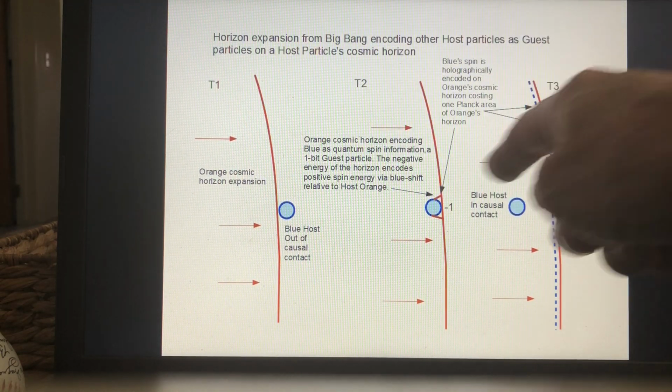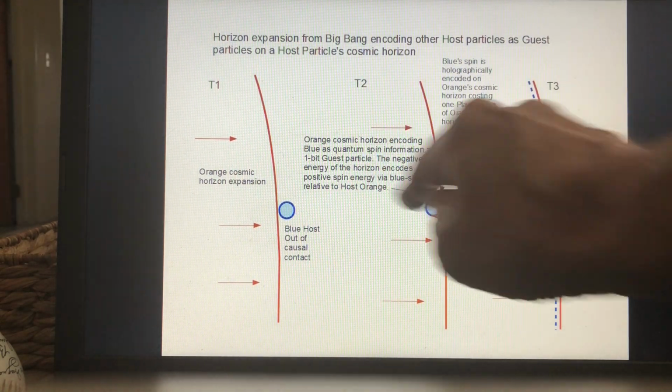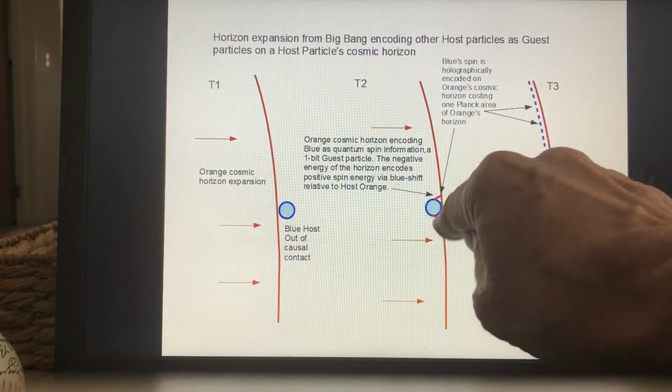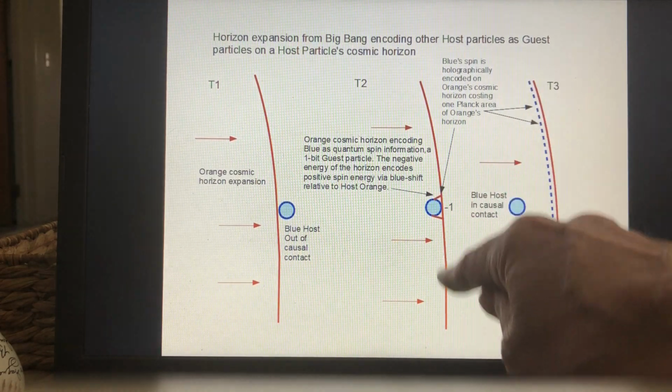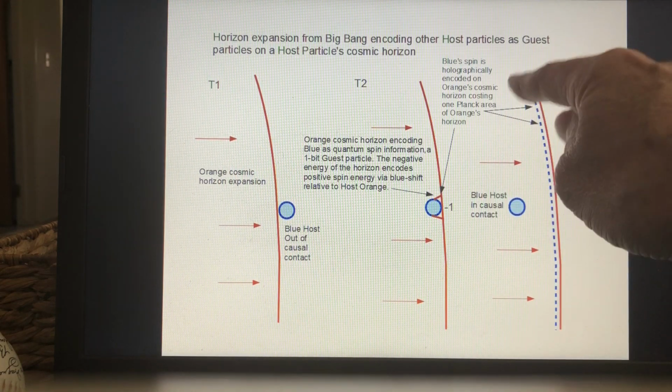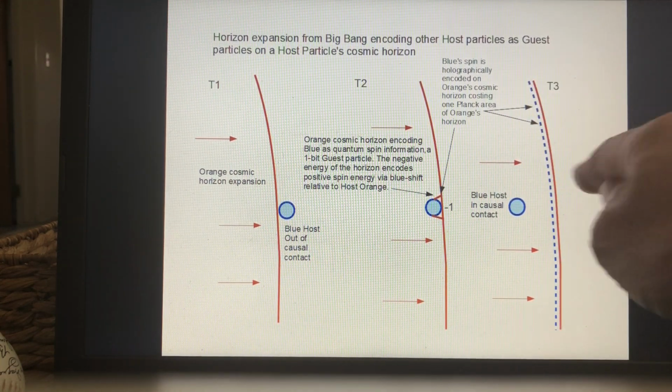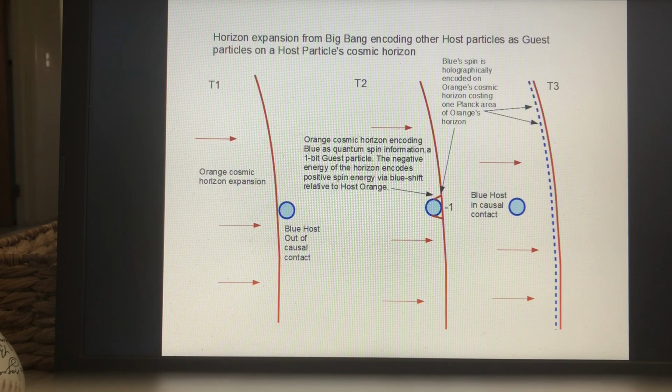So when it's expanding out, it comes across this blue particle, it starts to bend in, and it costs one horizon area to encode this holographically as blue particle's spin on orange's horizon. Now the same thing also happens for blue and orange. Orange will cross blue's horizon in the same way.